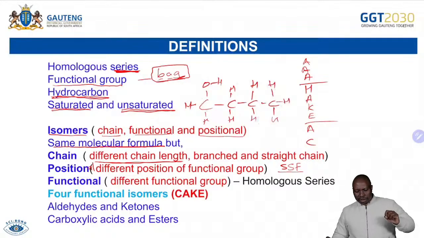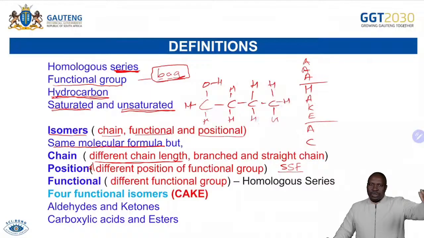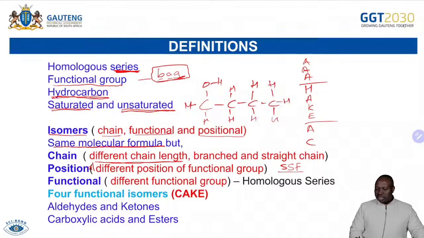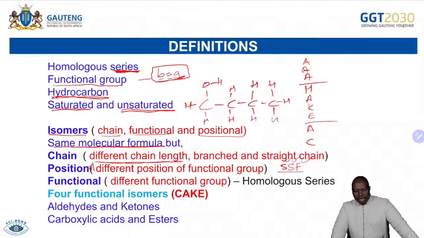Why? Because they have the same molecular formula but different position of the functional group. So always remember what is different. It is the side chain, the substituent, or the functional group. Very important for you to remember.